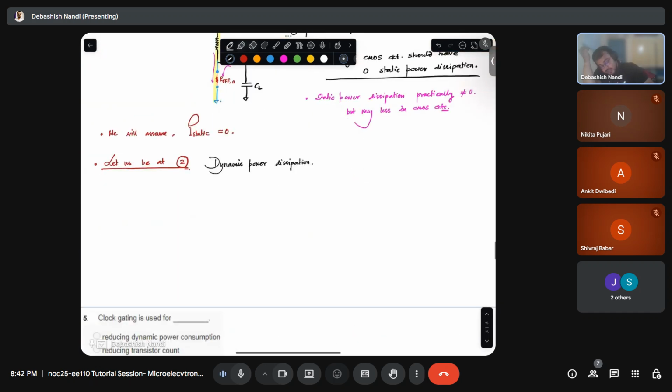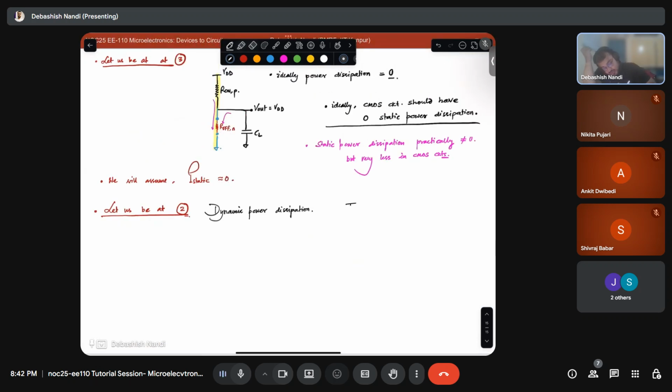That means output is changing. So this is your CL, this is your V out, this is your VDD, this is your R on P. Fine. So can you tell me what power this is dissipating?